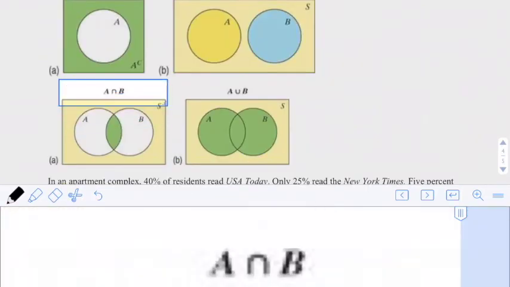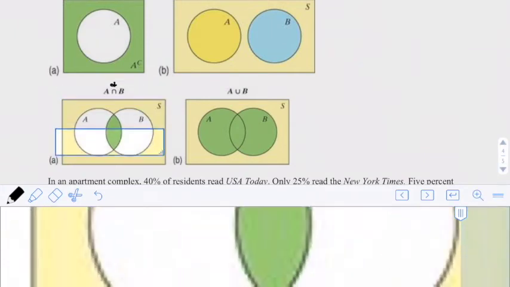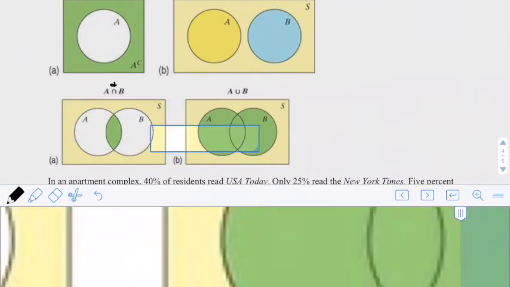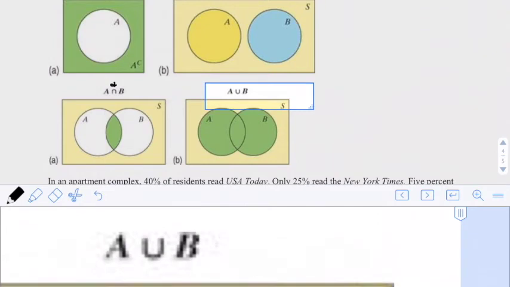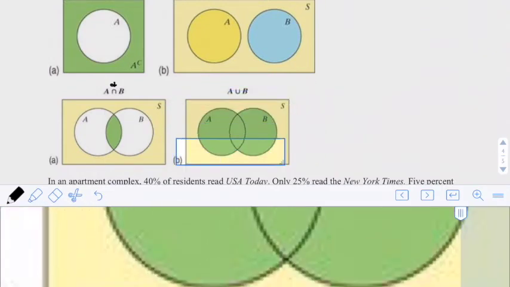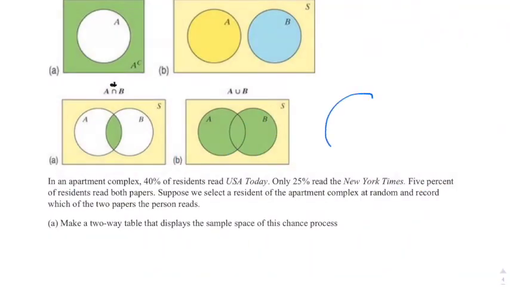This is A intersect B, or A and B. So this means both have to be happening at the same time. You see that overlap? And then this is the A or B. So it's either in A or in B or in both. And there's a nice little picture of that.